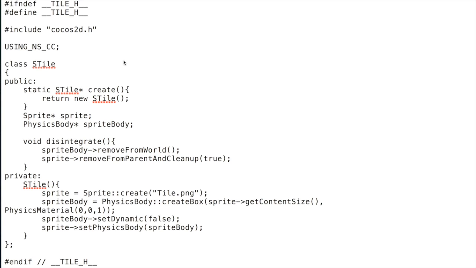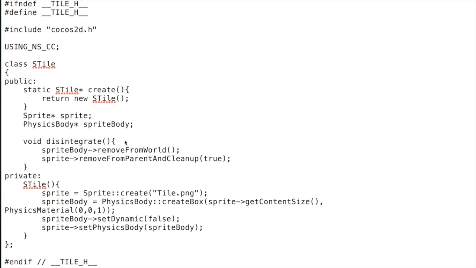Next is S-tile. These are the tiles that the player was standing on that disintegrate over time. Similar to the other Cocos2d-x classes, I use a create method that you can just call to create these things. Pretty much all of these classes have a sprite and a sprite body assigned to them. And here is disintegrate.